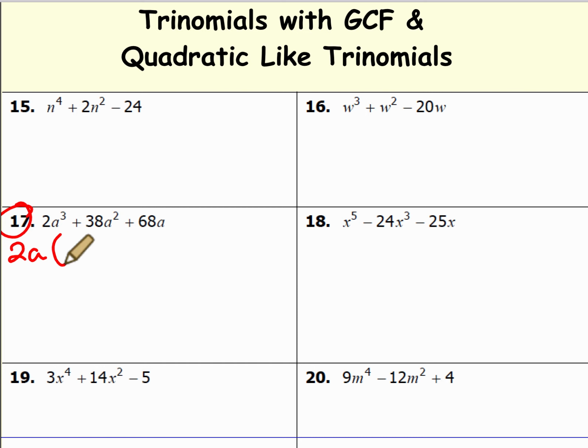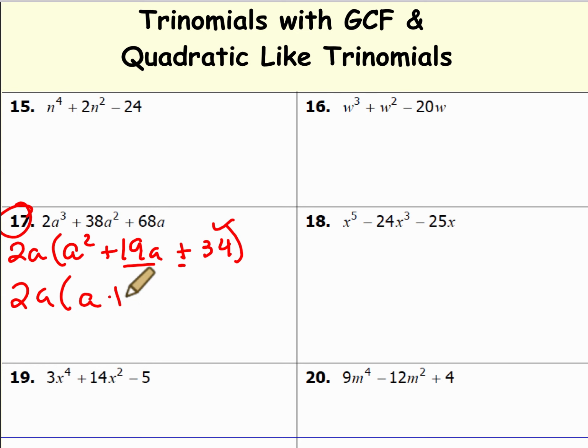So what do I have left? I have a squared plus 19a plus 34. So I'm looking for two numbers that multiply to 34 that add up to 19, and I know that they both have to be the same sign. So that would be 2a, a plus 17, a plus 2.